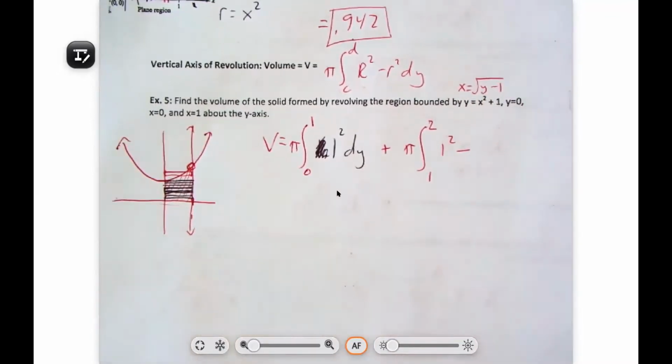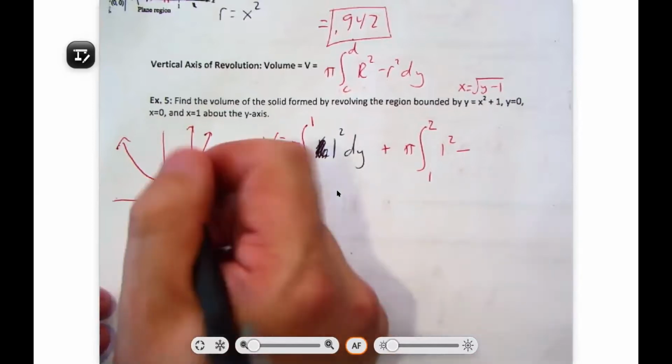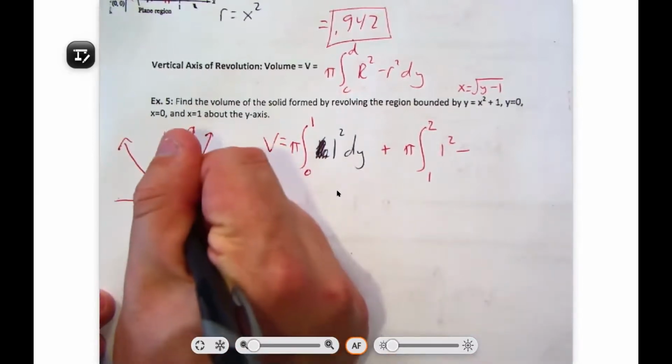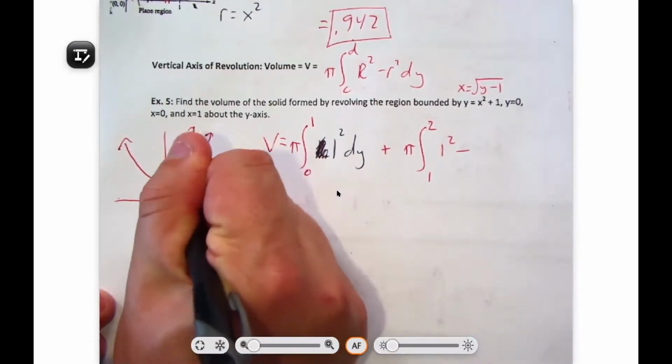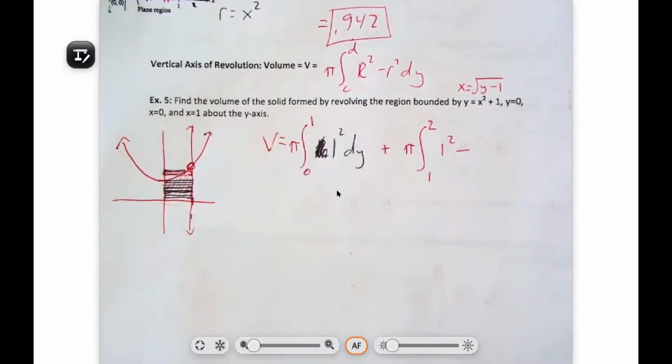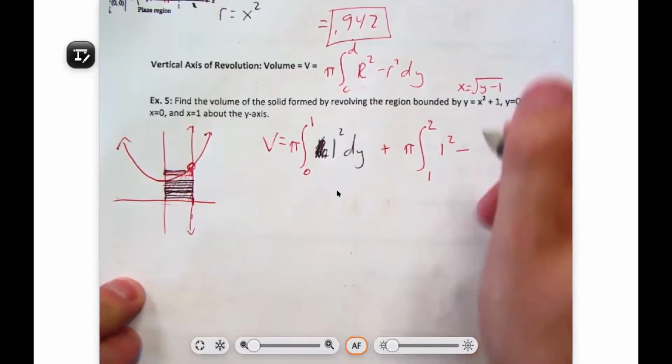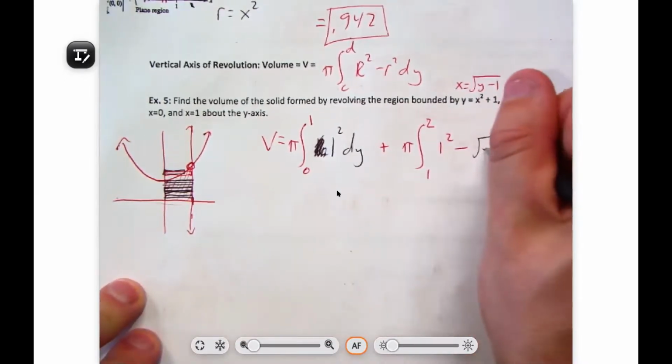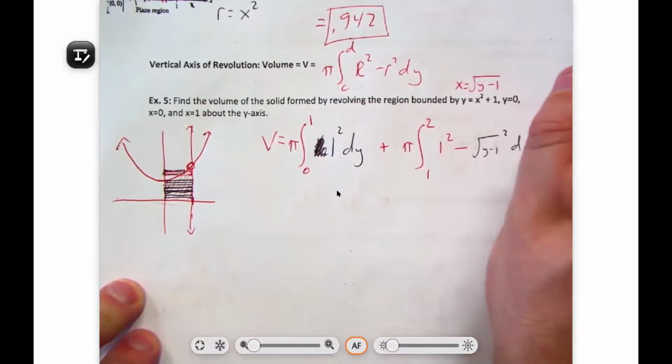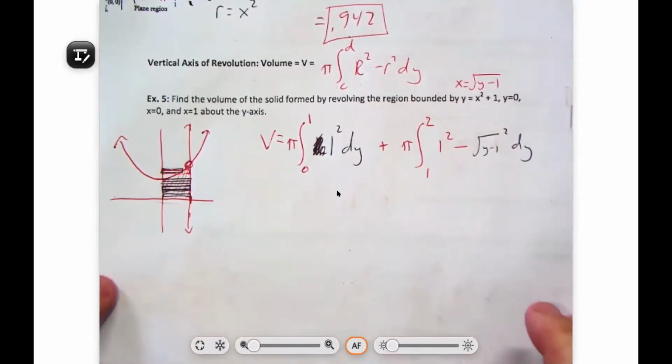And then little r is whatever the distance is from the y-axis to the inner function. But again, once you get good at these, you don't have to draw these rectangles. I'm doing it as a visual for now. Your r's are either the functions or the function minus the number. Since we're spinning around the y-axis, it's just the functions. So minus the square root of y minus 1 squared. That's your setup.